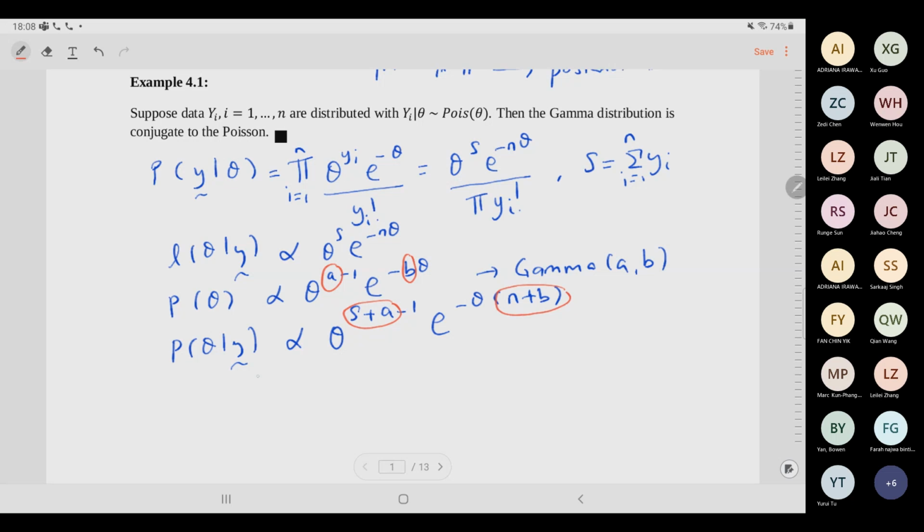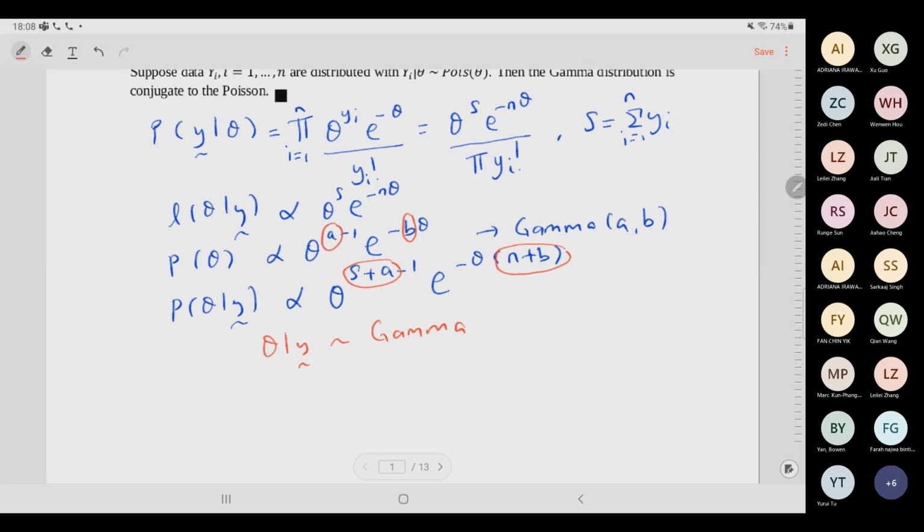So this is where your posterior distribution of theta is actually gamma. Whenever they ask you to find the posterior, you have to state also the parameters. So it will be gamma with parameters S plus A and then n plus B.